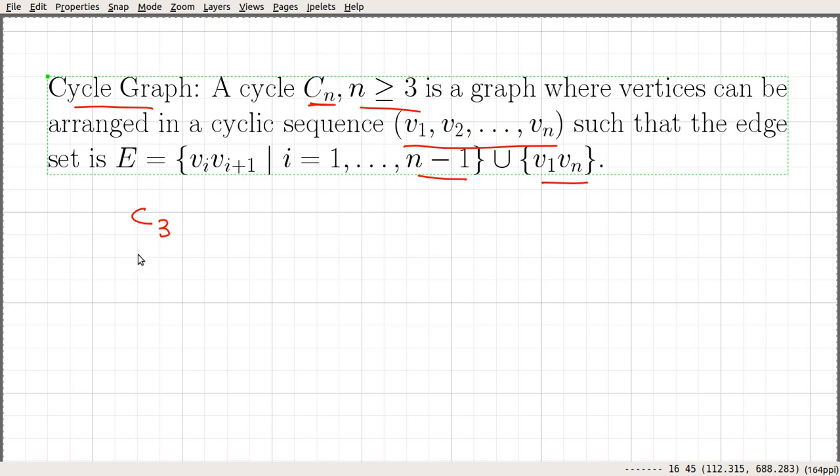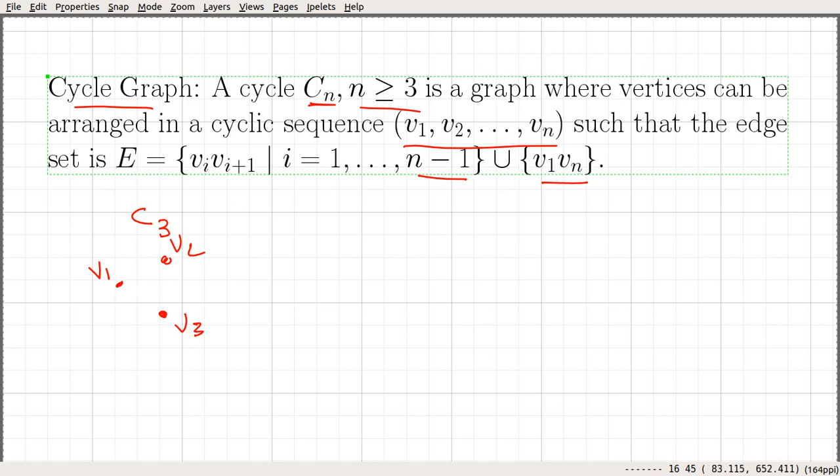Let's consider C3. By definition we have three vertices. Let it be say v1, v2, v3, and the edges are defined like this: {vi, vi plus 1} for i equal to 1 to n minus 1, union {v1, vn}.